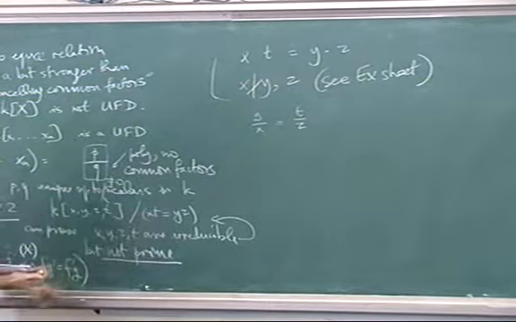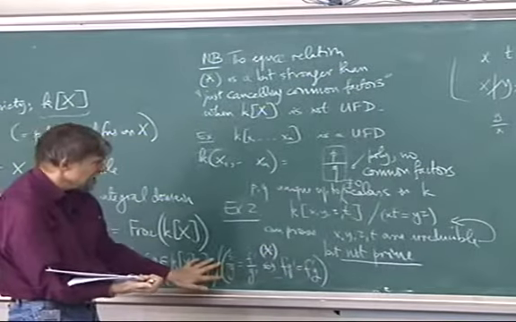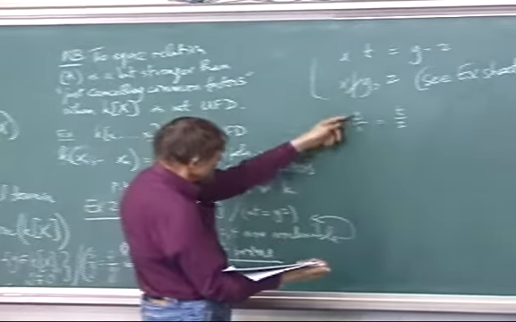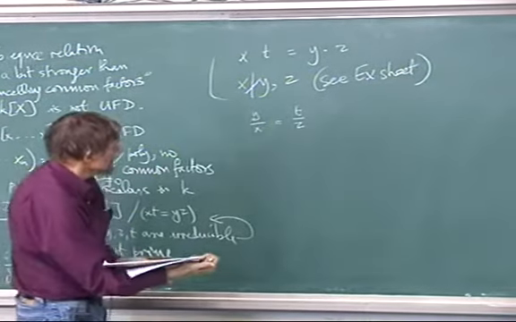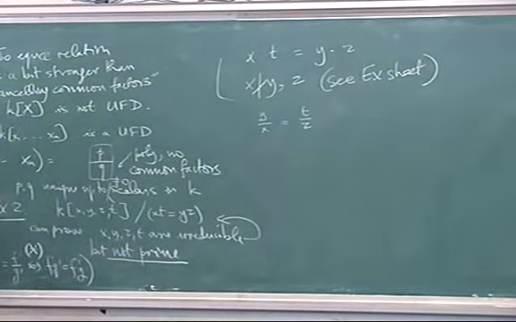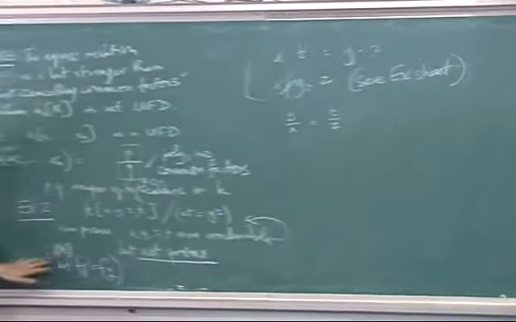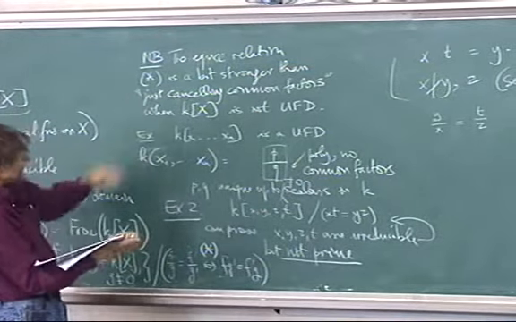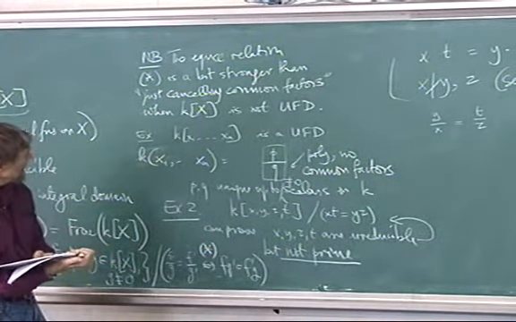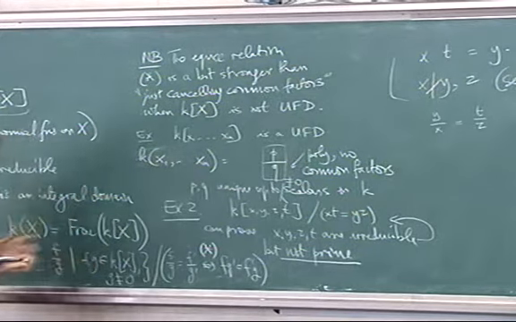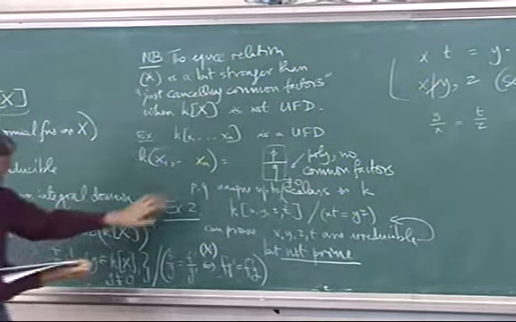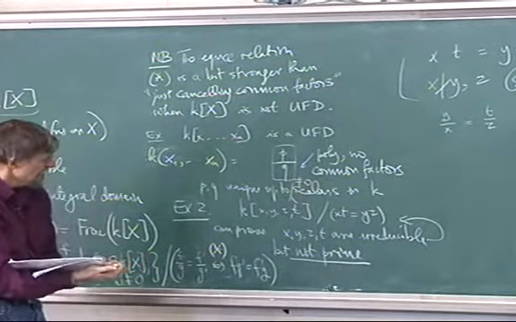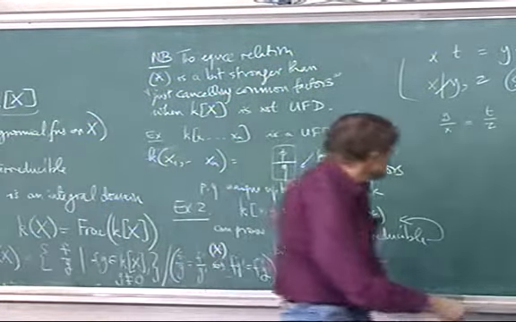As elements in the function field, they're the same elements, but the numerator and the denominator are quite different. So this is just to warn you that this equivalence relation star has some slightly unexpected properties if the ring that you're working with is not a UFD. Okay?